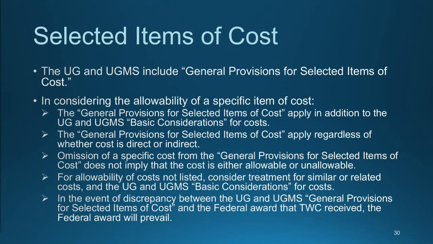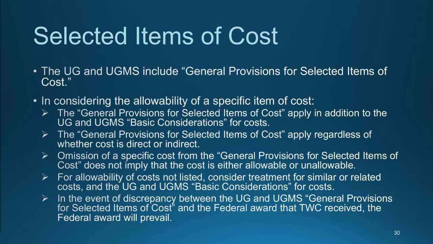The cost principles specifically say it's not allowable as an indirect cost. Proposal cost, the cost of putting together a proposal for a grant opportunity, it talks about charging those as indirect costs. So it does make some distinctions in there, but as a general rule, it doesn't only apply to direct costs or only apply to indirect costs.